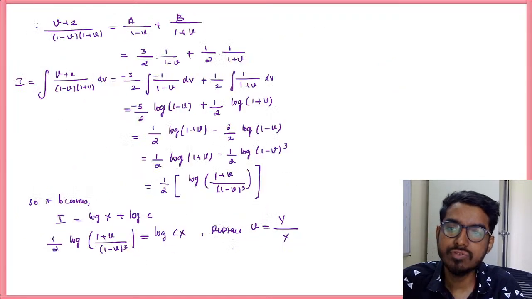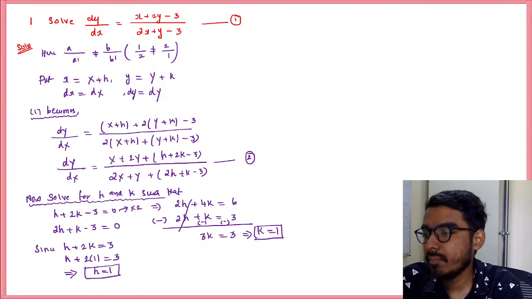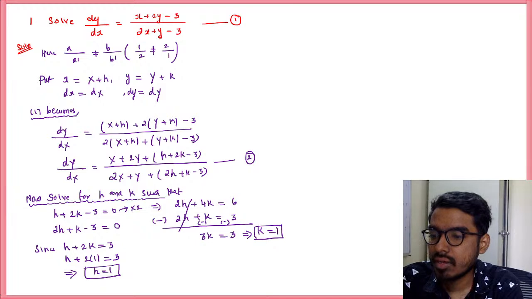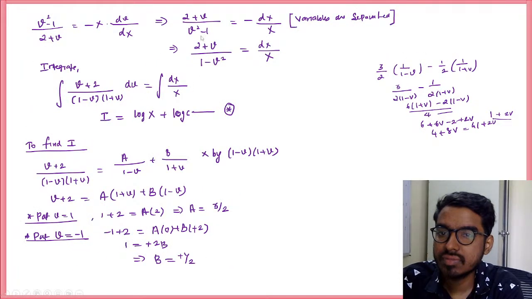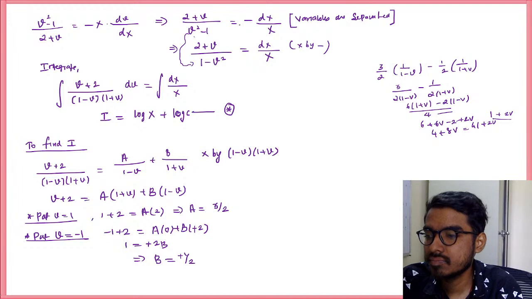That's it, right? This is the procedure to solve a problem whenever you have dy by dx equal to (ax plus by plus c). See, I have multiplied this by minus and changed this to minus, so that this b squared minus 1 will be changed to 1 minus b squared, and I am cancelling the two minus signs.